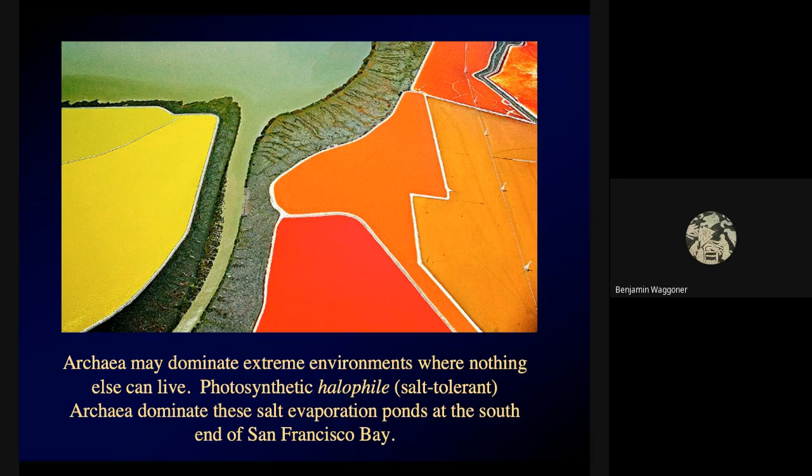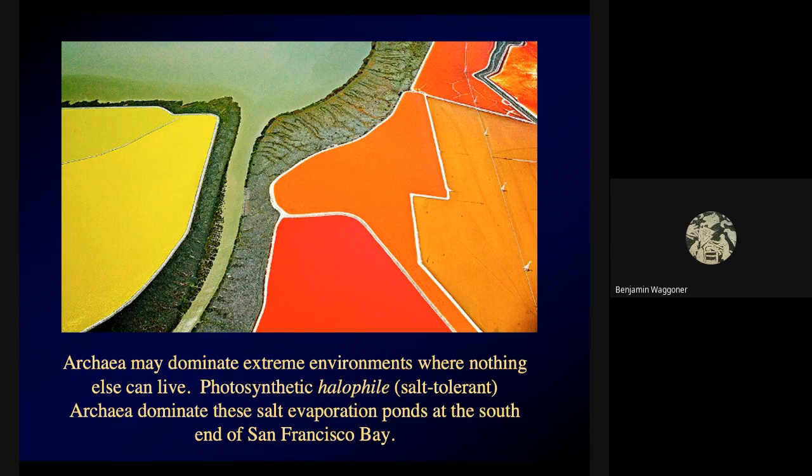Most of the year, there's not much rain, so the seawater just evaporates, and what's left behind gets saltier and saltier, and it eventually gets so salty that the only thing that can live in this environment is photosynthetic archaea of species that are salt tolerant. And they're photosynthetic, but they don't use chlorophyll.